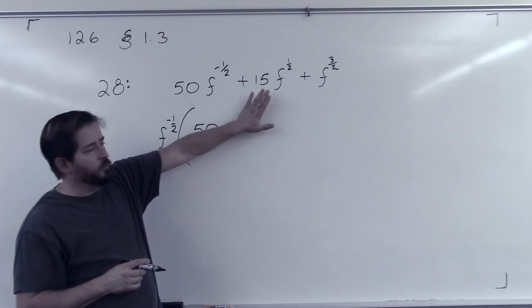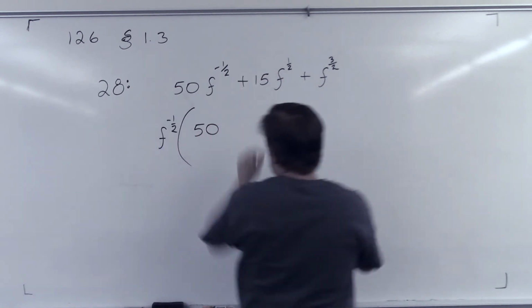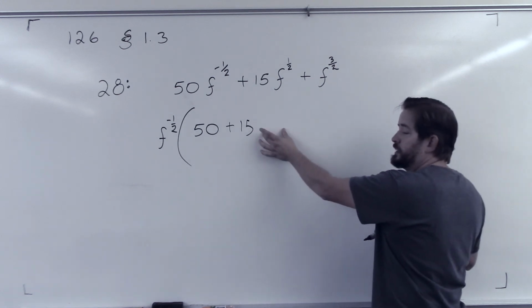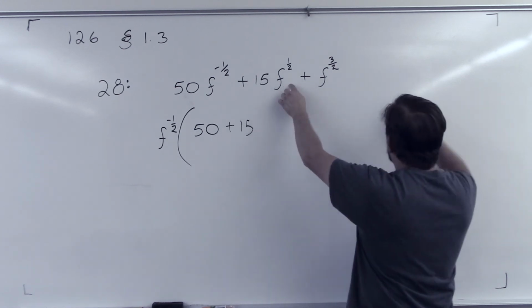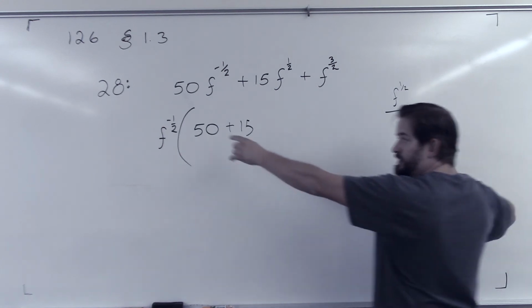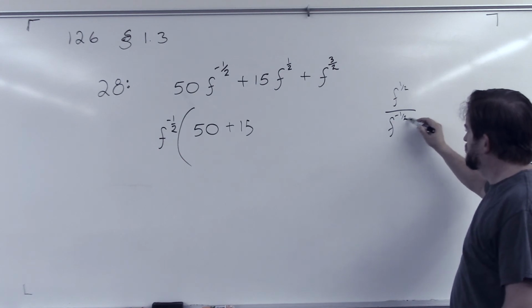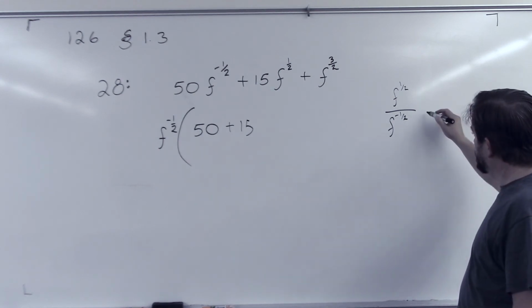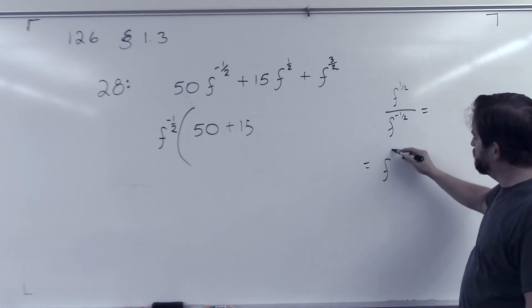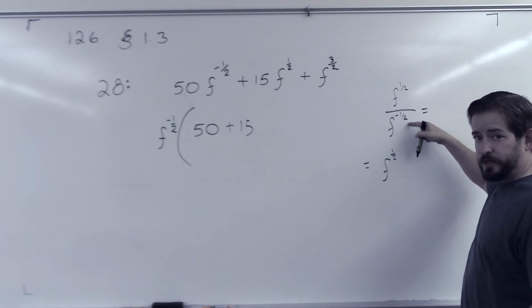Now it gets a little bit weird here. I'm going to do this out, right? 15. I'm not worried about the 15. Nothing's going to change with the 15. But what goes here as the powers of f is f to the 1/2 divided by f to the negative 1/2. Right? Or f to the 1/2 minus a negative is a plus.